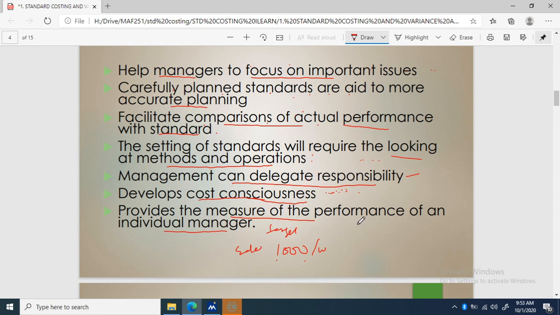When we compare to the actual, let's say actual is only 900 units sold by the sales department, it shows that the performance of the sales department is not good because they do not achieve the target. So it measures the performance of the individual manager in the sales department. Same goes to other departments.